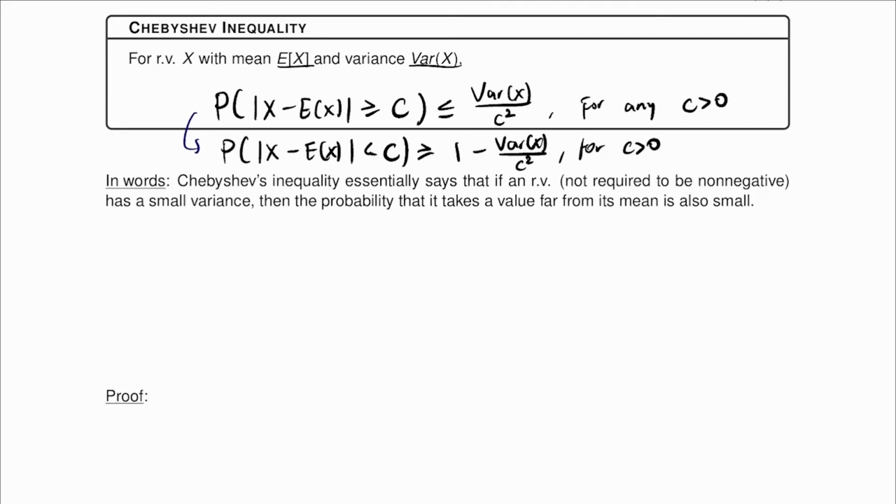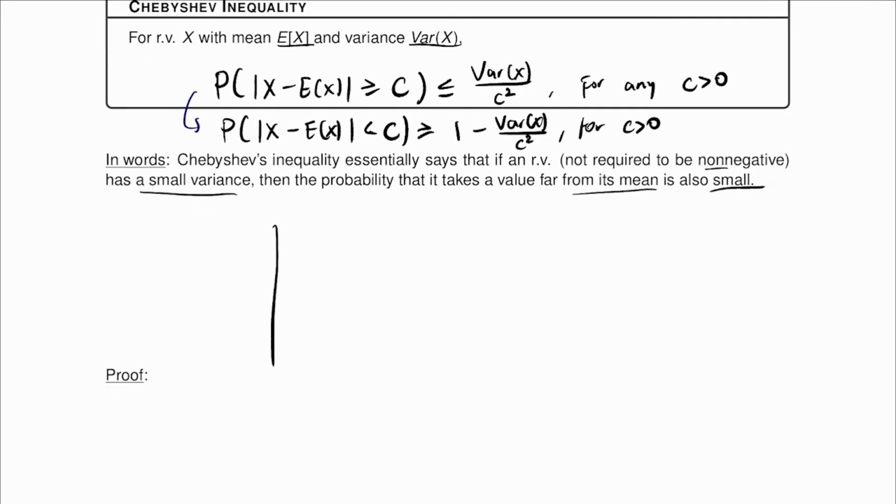In words, Chebyshev's inequality essentially says that if a random variable, in this case we don't require it to be non-negative, has a small variance, then the probability that it takes a value far from its mean is also small.